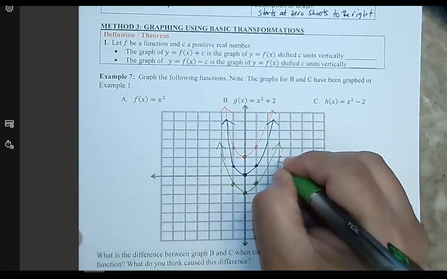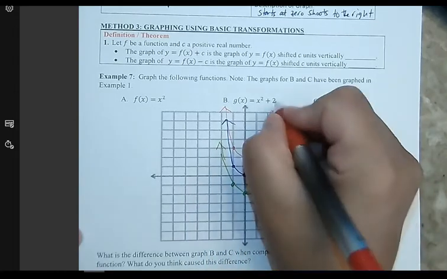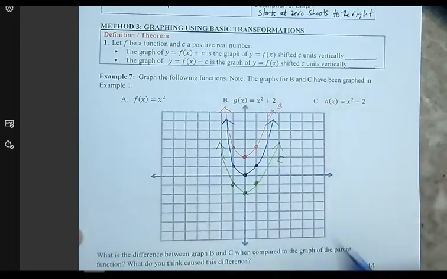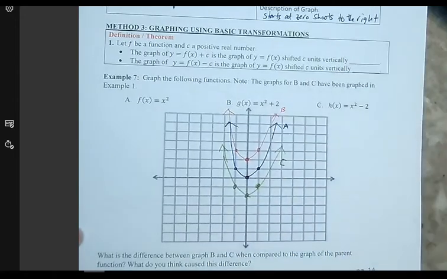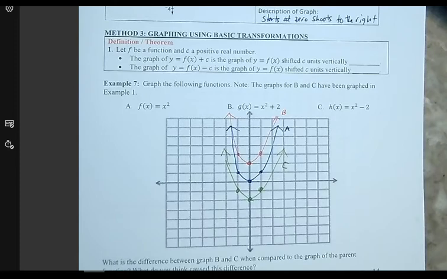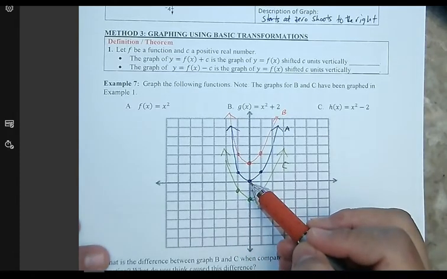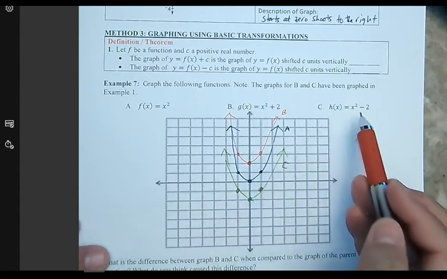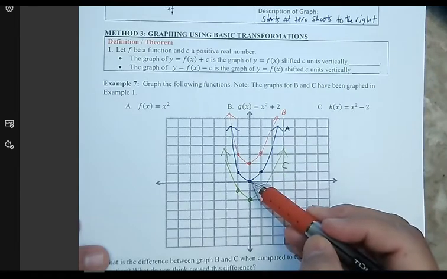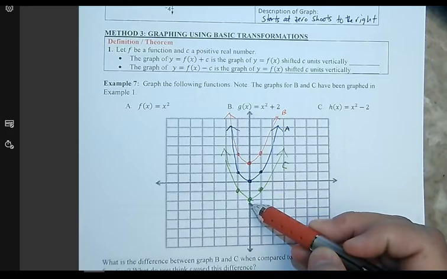Okay, so this is letter C, this is letter B, and this is letter A. Okay, so by adding a plus 2, our parent function moved up 2 units. And by subtracting a 2, the graph shifted down 2 units.